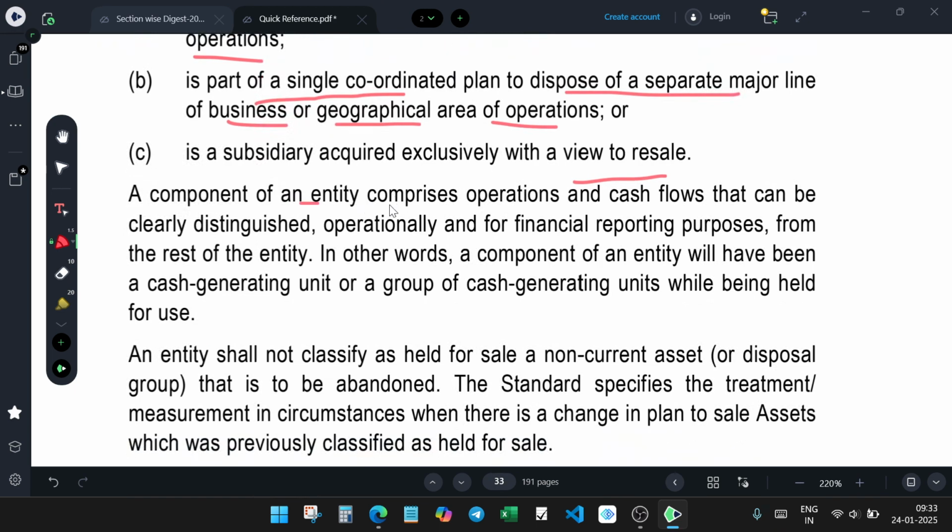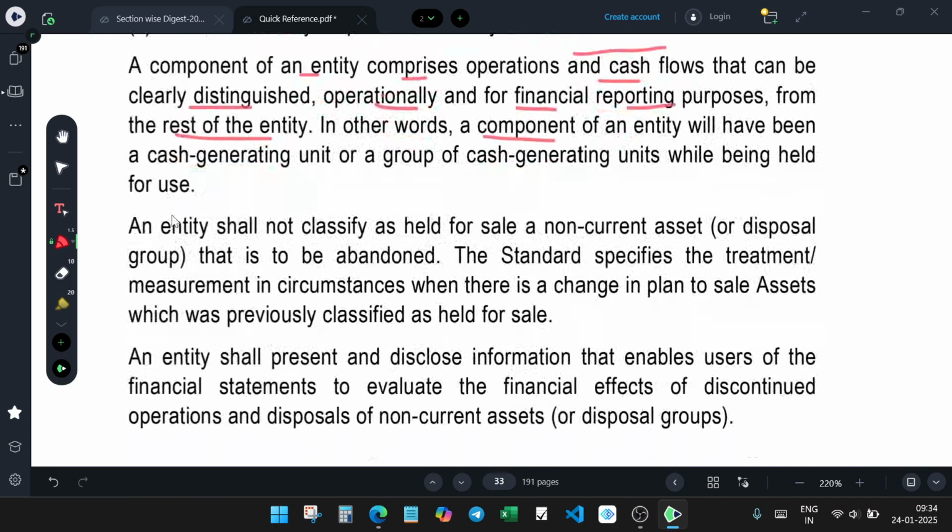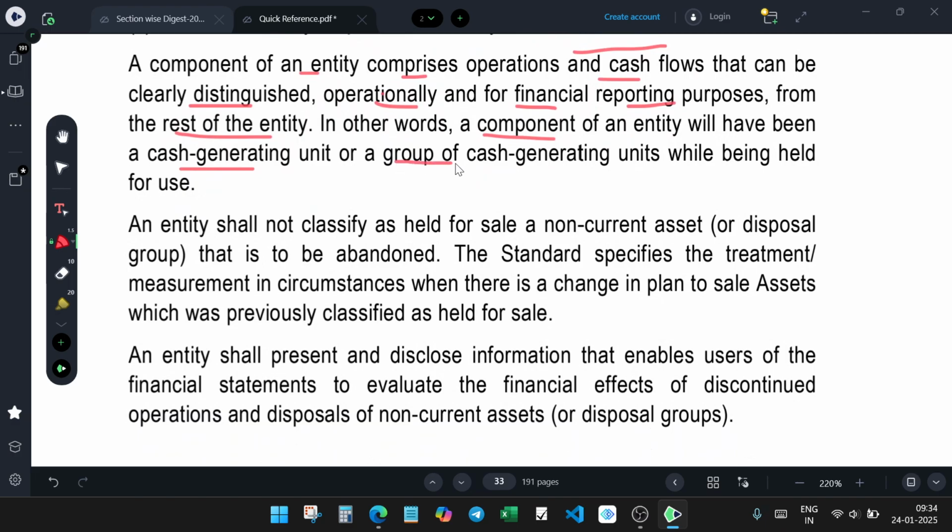The component of the entity comprises operations and cash flows that can be clearly distinguished, operationally and for financial reporting purposes, from the rest of the entity. In other words, a component of the entity will have been a cash generating unit or a group of cash generating units while held for use.